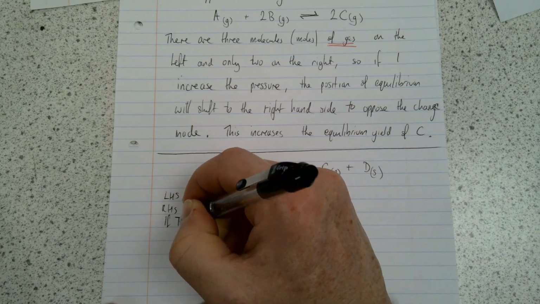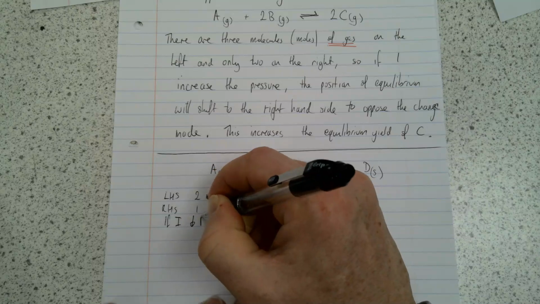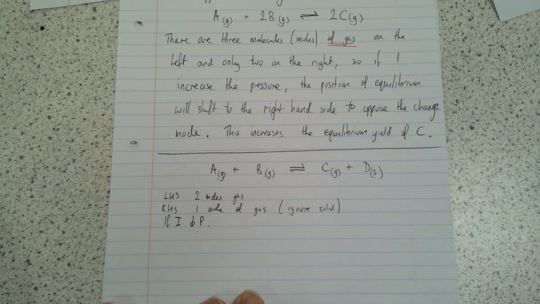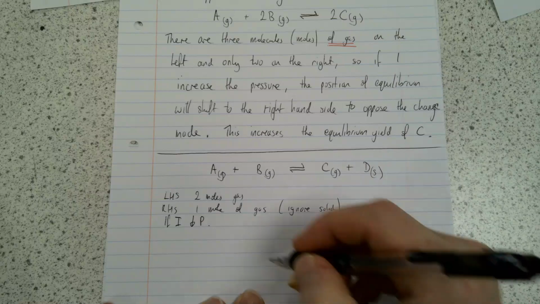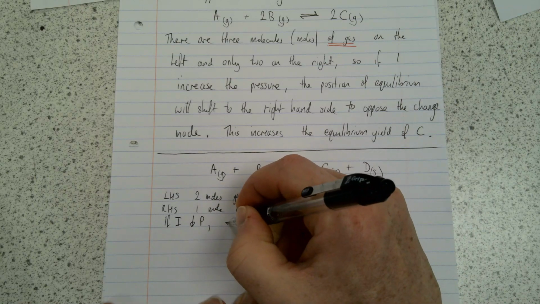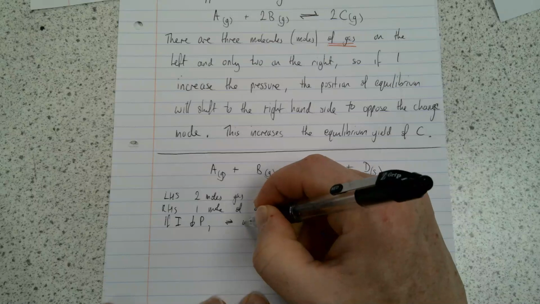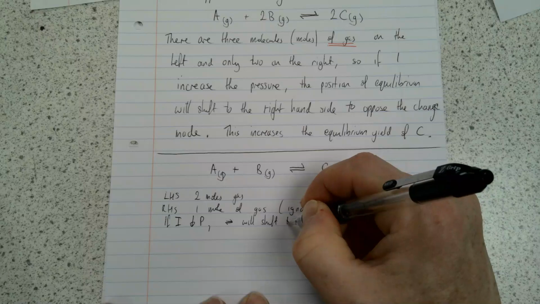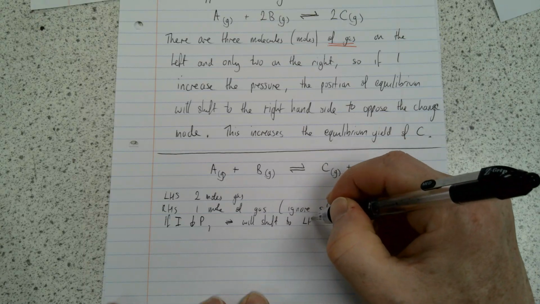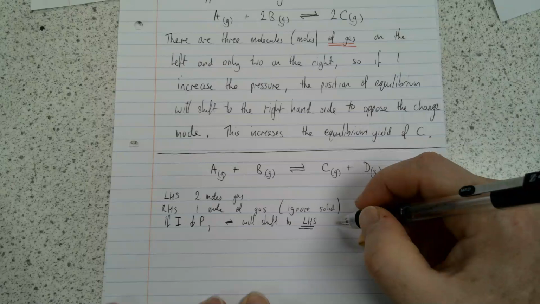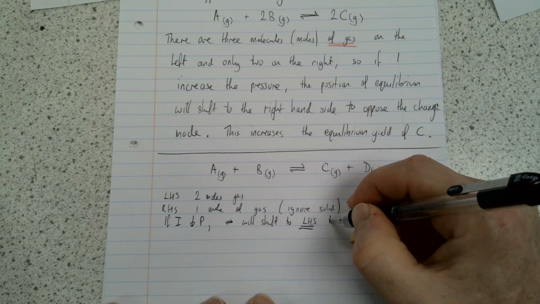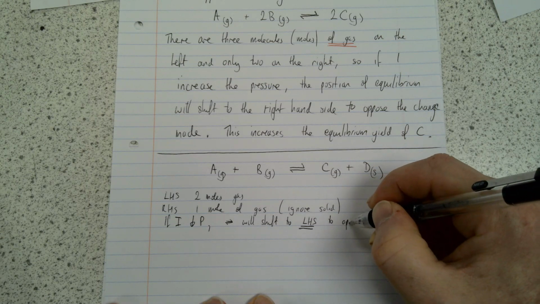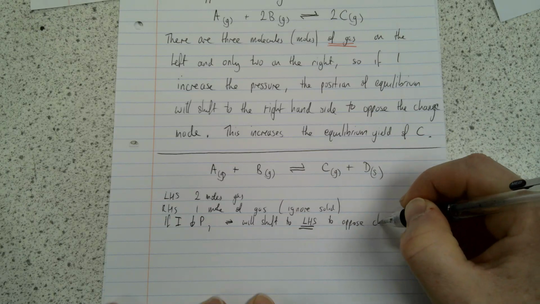If I decrease pressure, equilibrium will shift to the left-hand side to oppose the change.